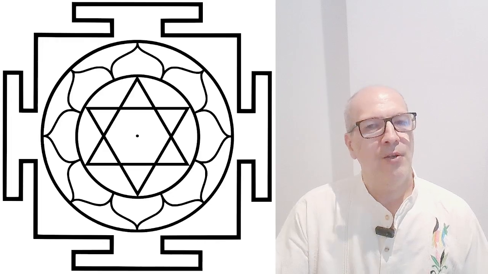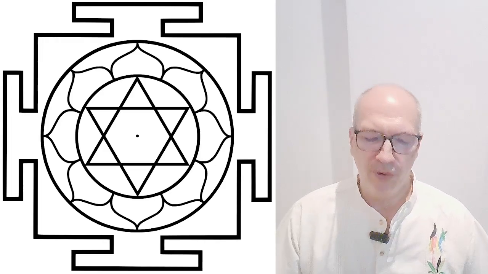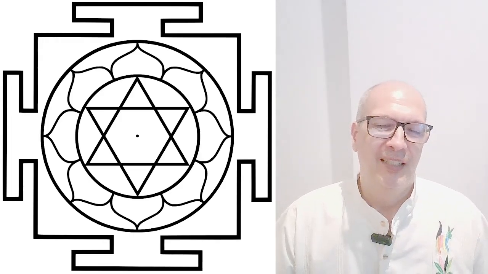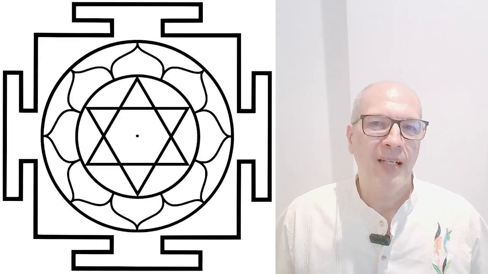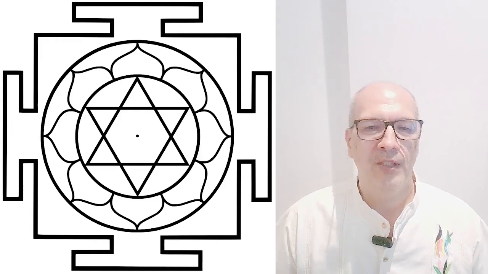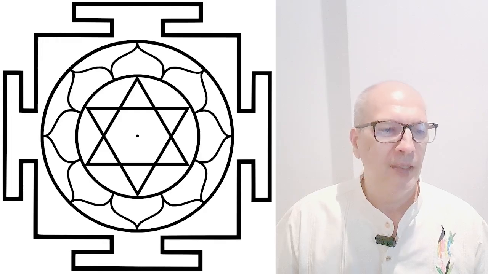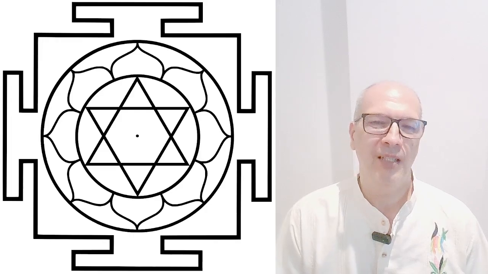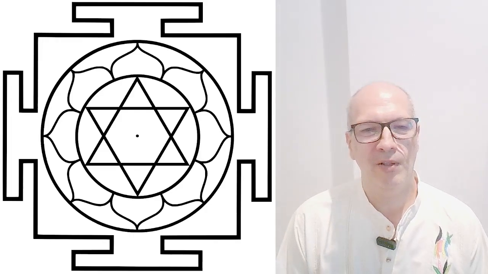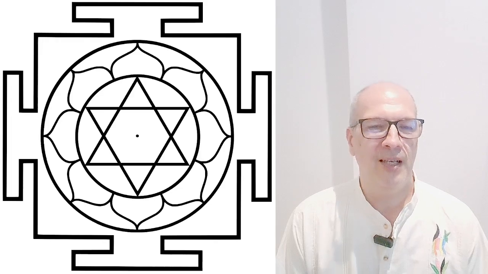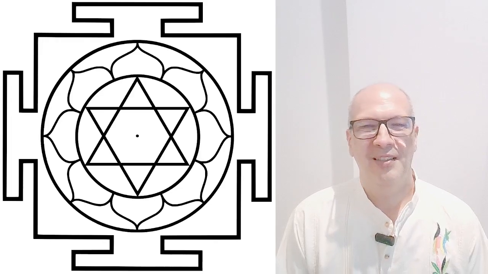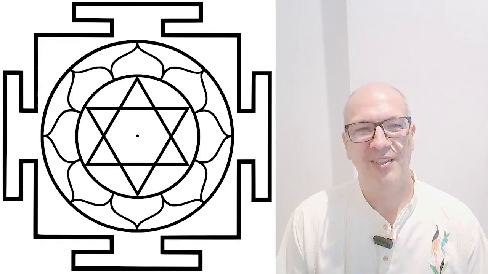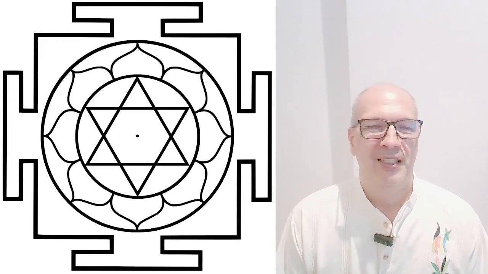Now, in the case of our yantra, because usually all the yantras have some kind of triangles, the triangle is a symbol of the Trinity. And the Trinity can be a lot of things, because in Indian philosophy, in yogic philosophy, a lot of things come in 3 ways, like the gunas. Yes, sattva, rajas, and tamas.